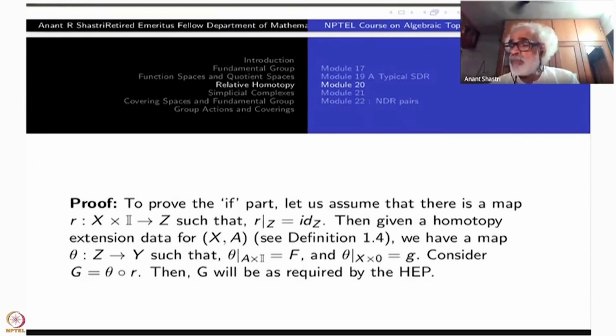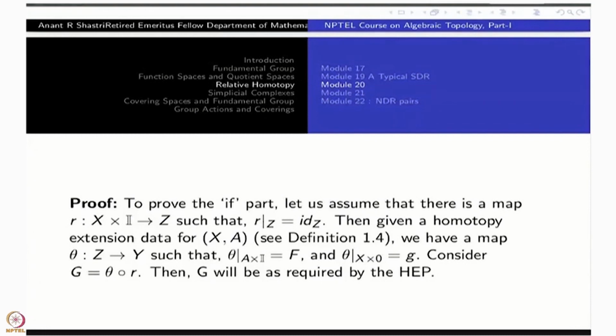Because R is identity on this part, when you take theta composite R and restrict it to X cross 0, it will be the required map, on X cross 0 and A cross I, that's all. And it is an extension, it is defined on the whole of X cross I. Okay, so this comes as if by magic.